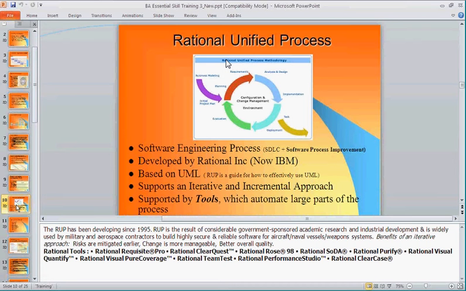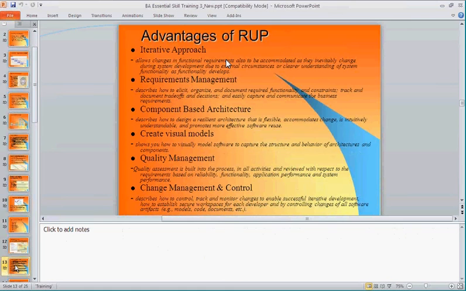All right. So they proposed all these tools for a reason. Rational RequisitePro is an automated tool. It is actual software which allows you to gather your requirements, analyze, and document everything in one place. So this tool is very critical, right?